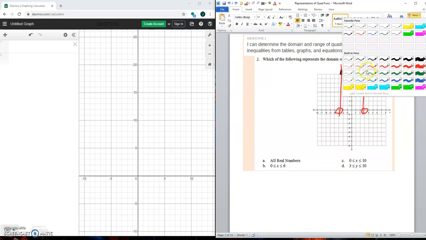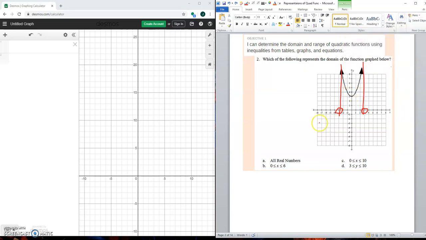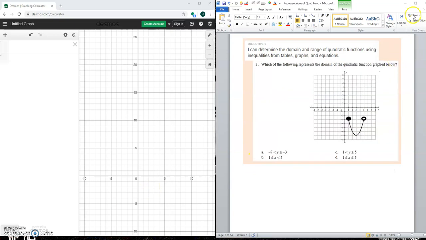Because it is going from negative infinity all the way to positive infinity, your answer here is the set of all real numbers. In inequality notation, it would look like this: negative infinity all the way to positive infinity. Please take note that whenever it's infinity, you don't put an equal sign at the bottom because infinity is never equal.